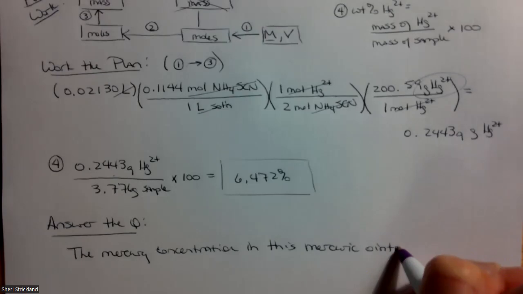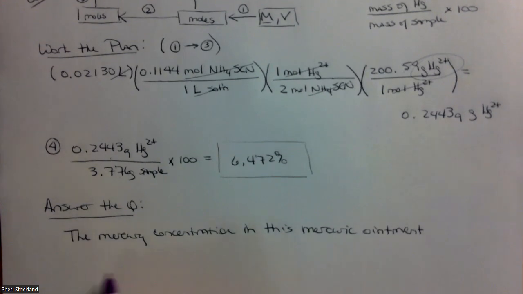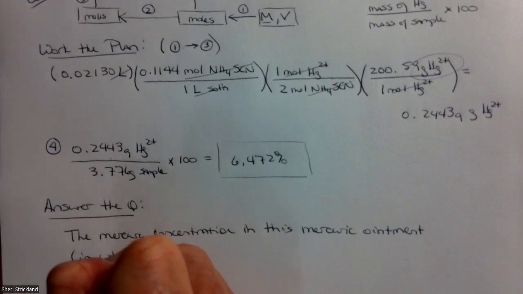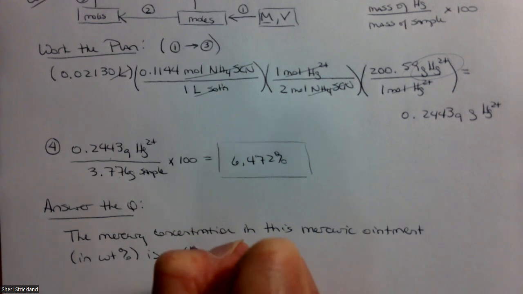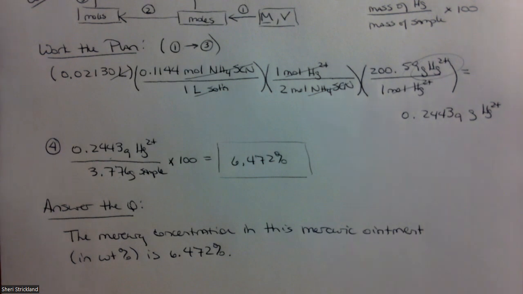It's a good idea to put some details from the original problem in your statement so you've got some content. Mercury concentration in this mercury ointment in weight percent is 6.472%.